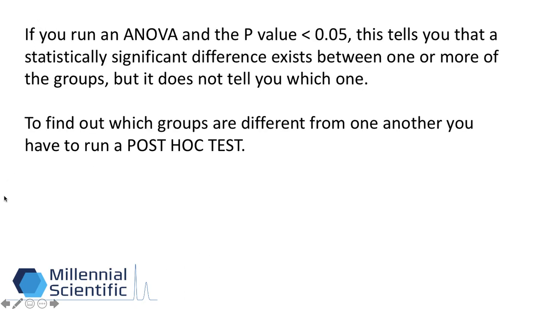If you run an ANOVA and you find that the p-value is smaller than your set level, 5%, this tells you that there is statistically significant differences that exist in one or more of the groups, but it does not tell you which one, especially if you're running a single factor ANOVA. To find out which groups are different, you need to run a post hoc test.